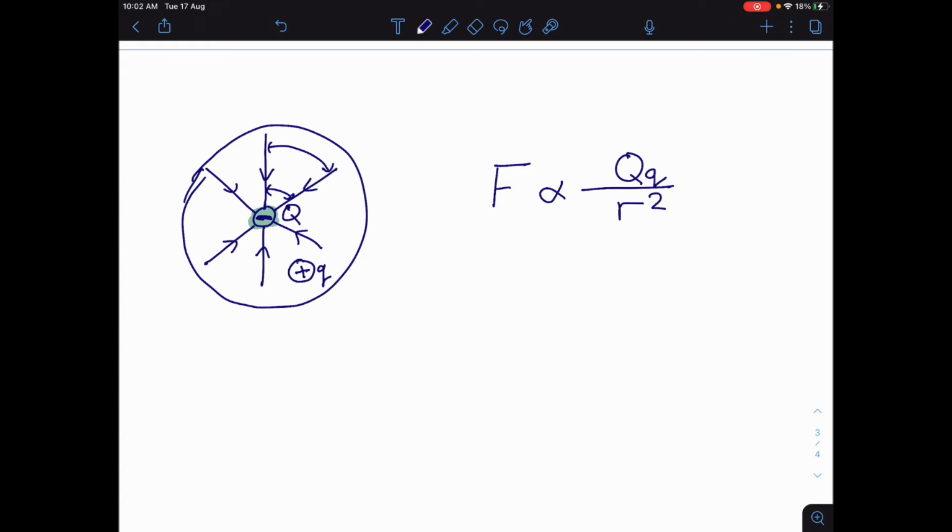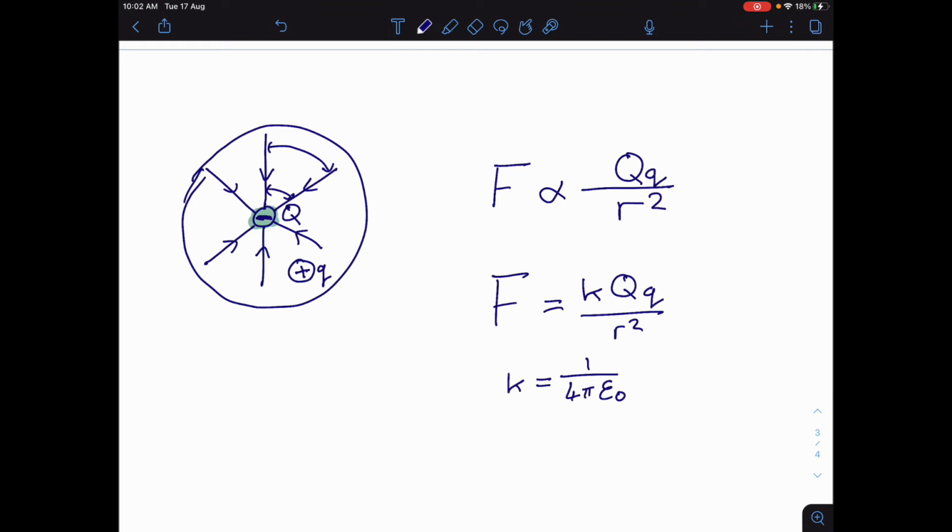Now there's a constant of proportionality in there, which we call Coulomb's constant, denoted by the letter K, so K Q q over r squared. And K basically depends on the material. We didn't really consider this when it came to gravity, because gravity works through any material, but electric fields are passed through certain materials better than others. K is equal to 1 over 4 times pi times the permittivity. K is specifically for air or a vacuum.